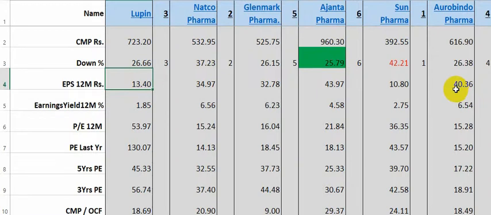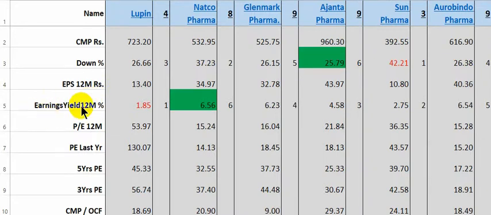We have to convert it to the yield or earnings yield by comparing the price and the earnings. So looking at the earnings yield, Lupin is at 1.85%, Natco Pharma 6.56%, and so on. Let me give the ranking and then come back. The highest earning yield would get the highest ranking and the lowest earning yield would get the lowest ranking.